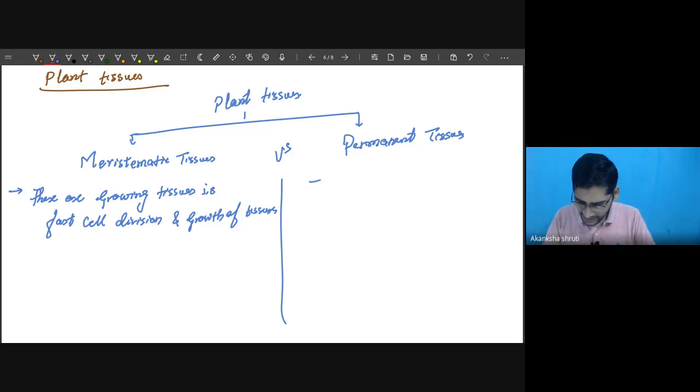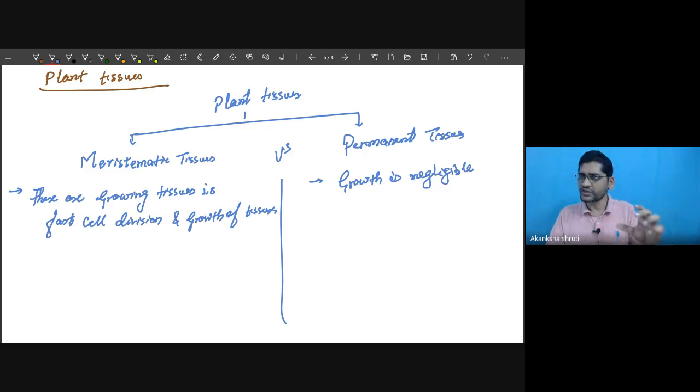But here cell division occurs very slowly, and it does not give rise to new kinds of material. So it is slower growth, or growth is negligible, or almost no growth in these tissues.